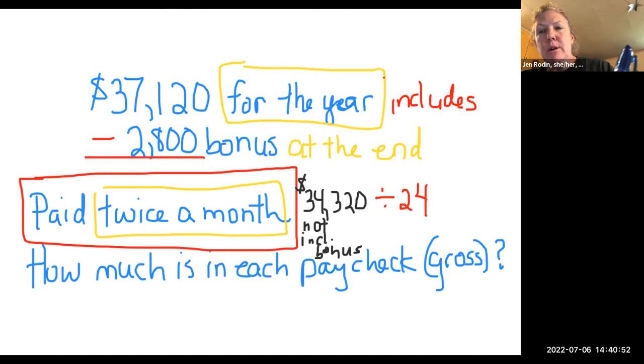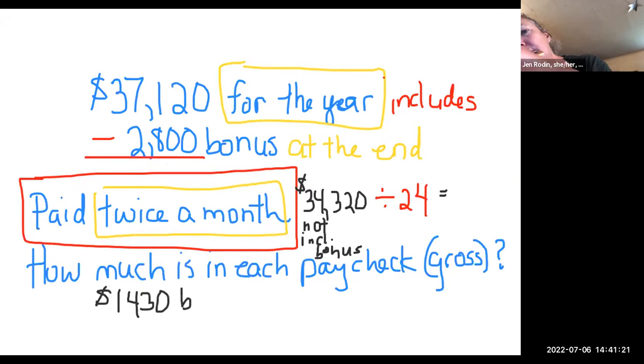So 24 into 34,320. And I ended up with 1,430 before taxes, each paycheck. There we go.